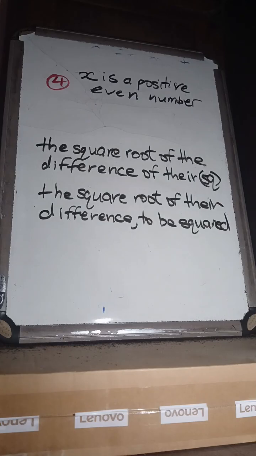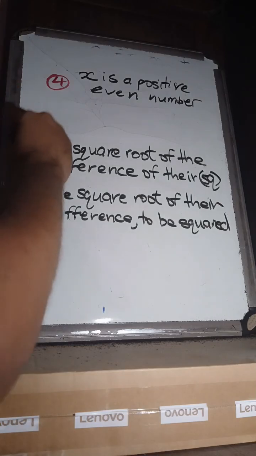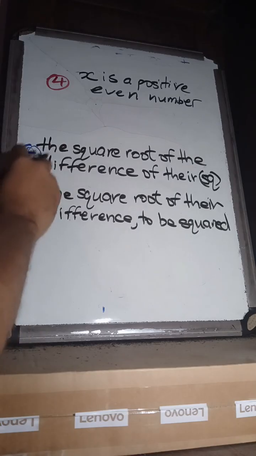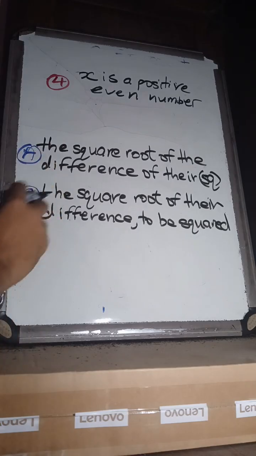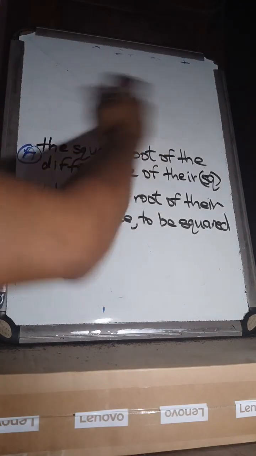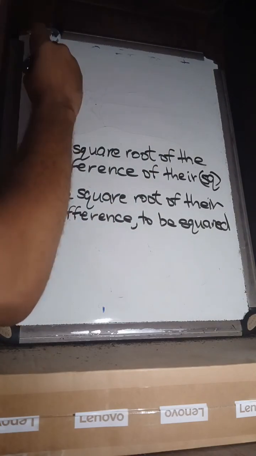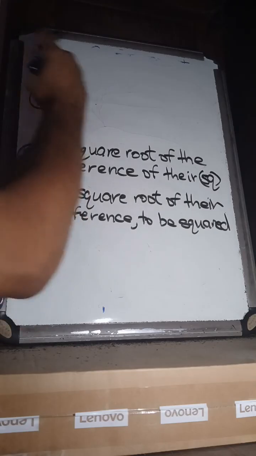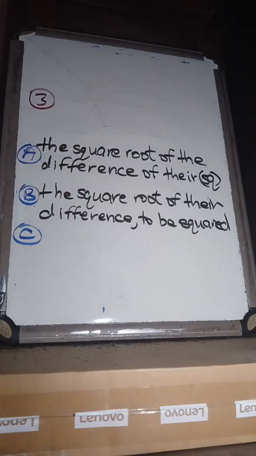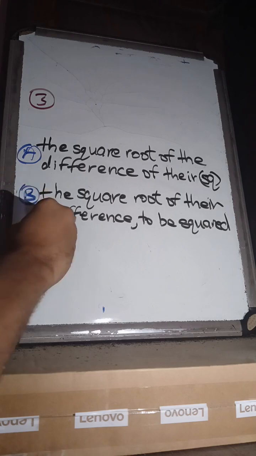So this is A, this is B. Now we're going to go to C and D, and we're moving to number 3 right there. The square root of their difference squared. Hold on.